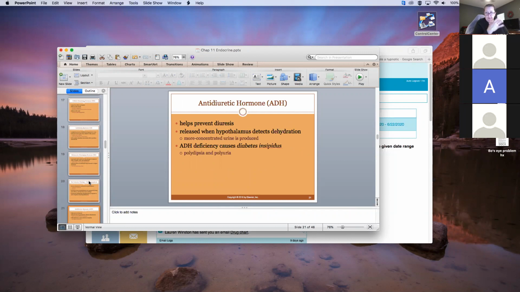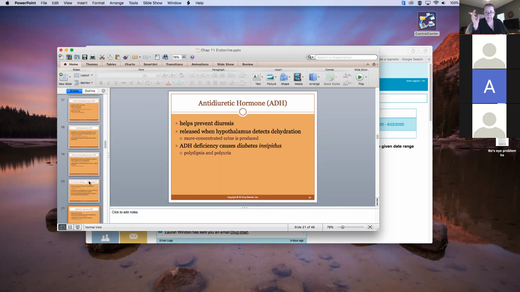If the hypothalamus detects dehydration, it's going to release ADH. ADH's target is the kidney. It causes the kidney to reabsorb water at the level of the nephron, and that water gets reabsorbed into the bloodstream. Hydration improves, so stop making it.